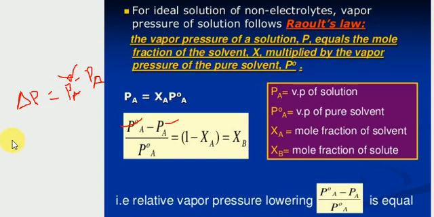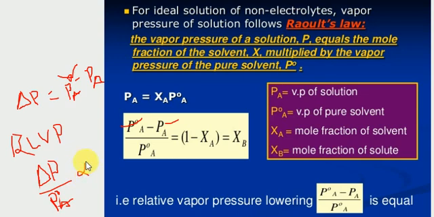So what is the relative lowering? This function is the RLVP, relative lowering of vapor pressure. It is the change in vapor pressure, delta P by P naught A, directly proportional to the number of moles of solute, XB, the mole fraction of the solute.